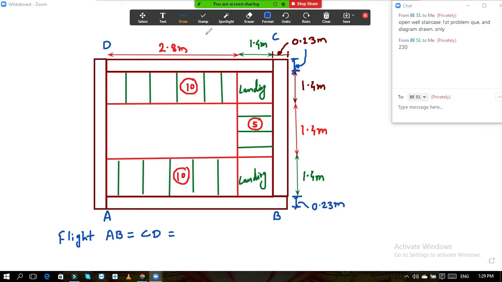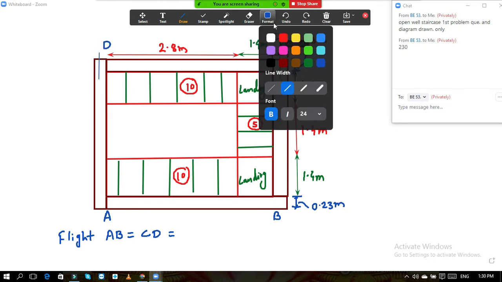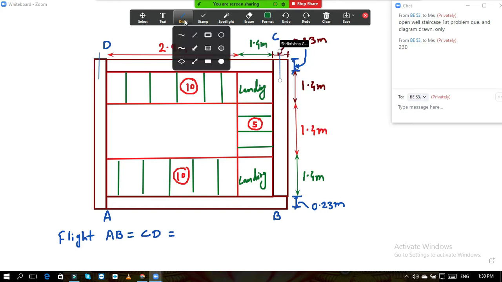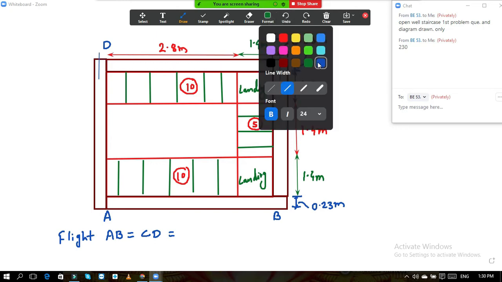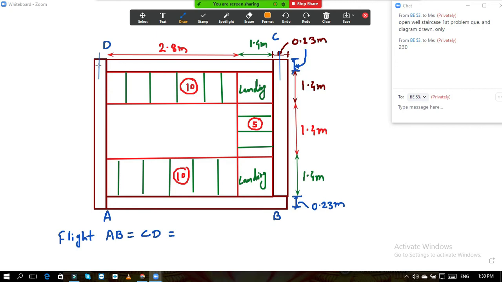If I draw a line here, this is the center line, this is also the center line, and this center to center distance is nothing but your effective length. I will write here L effective.